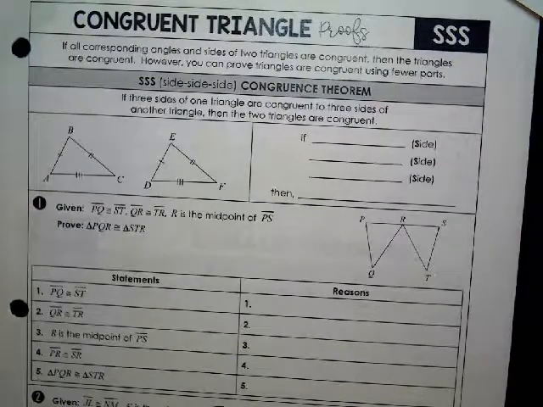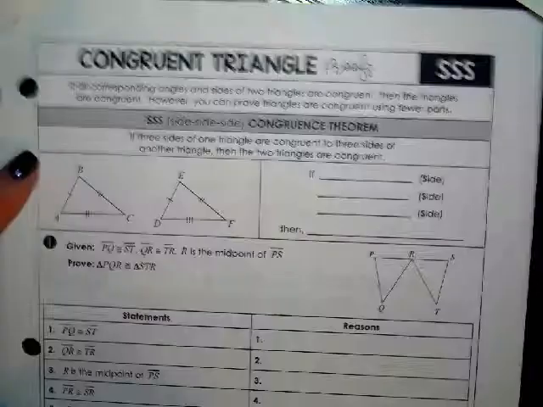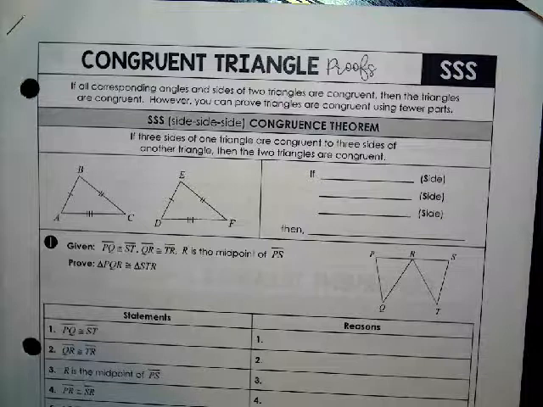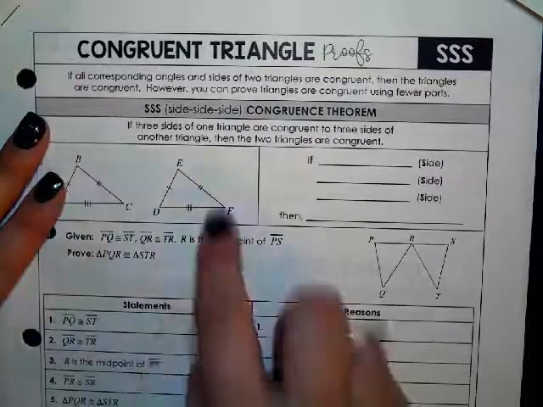So the first type of triangle congruence proof that we can do is side, side, side. Side, side, side is when the three sides are the same.